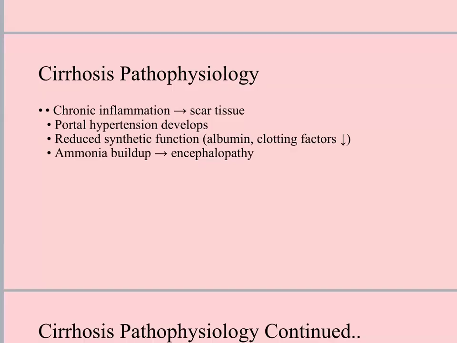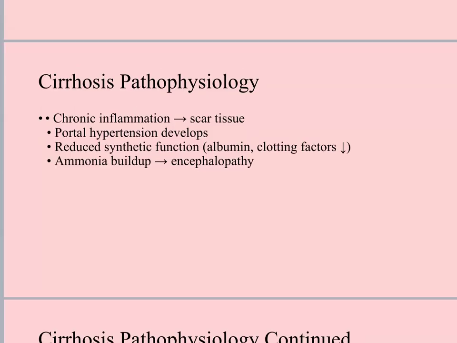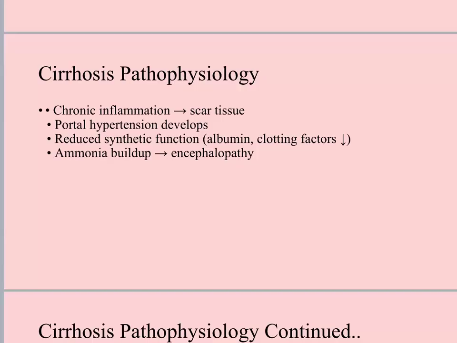So, cirrhosis pathophysiology looks like that: chronic inflammation leading to scar tissue, and then something called portal hypertension develops. Portal hypertension is a little different; I'm not talking about systemic hypertension that happens in the whole body.